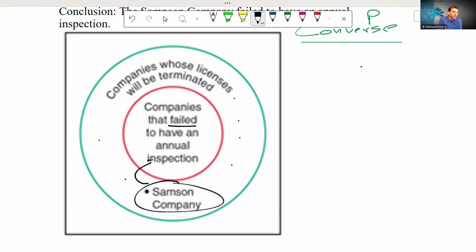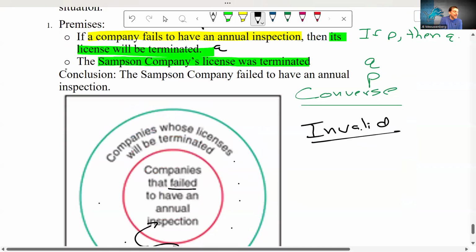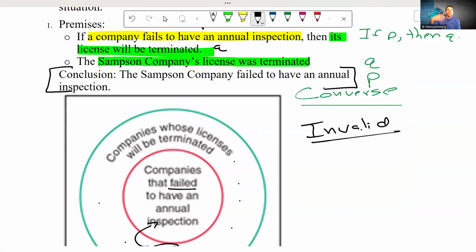It doesn't mean that we can guarantee that they belong inside this red circle. So this is an invalid conclusion. We cannot say that this is true or not. It may or may not be, but we did not use proper deductive reasoning.